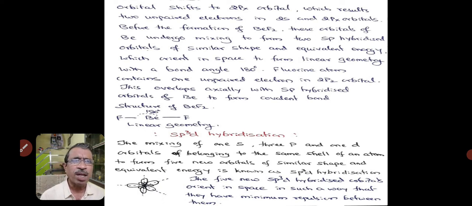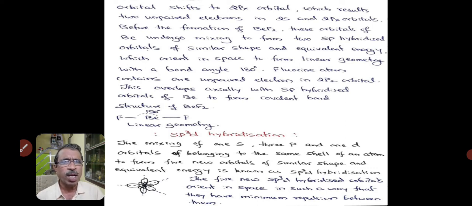Coming to the next one, sp3d hybridization. The mixing of 1s, 3p and 1d orbitals belonging to the same shell of an atom to form 5 new orbitals of similar shape and equivalent energy is known as sp3d hybridization.